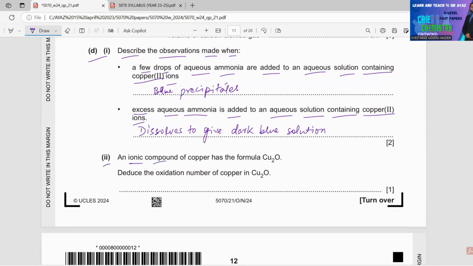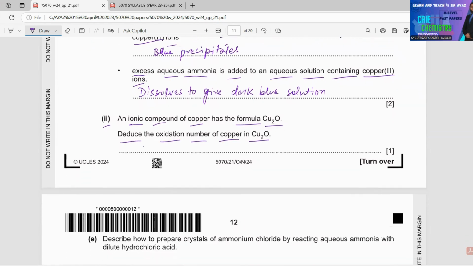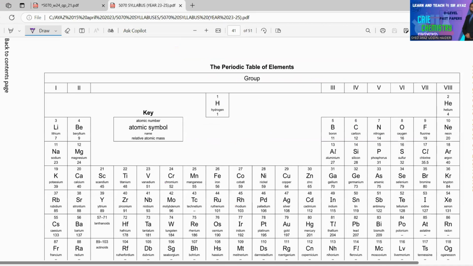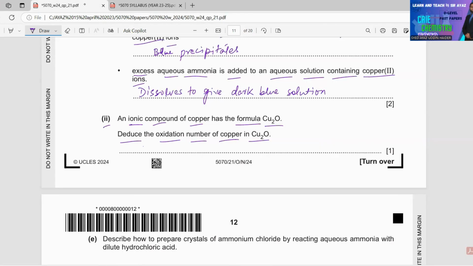Part 2. An ionic compound of copper has the formula Cu2O. Deduce the oxidation number of copper in Cu2O. Cu2O means we have 2 atoms of copper and 1 atom of oxygen. In order to calculate the oxidation number of copper, we need to know the oxidation number of oxygen. Oxygen is in group 6, so it must have -2 as its oxidation number.